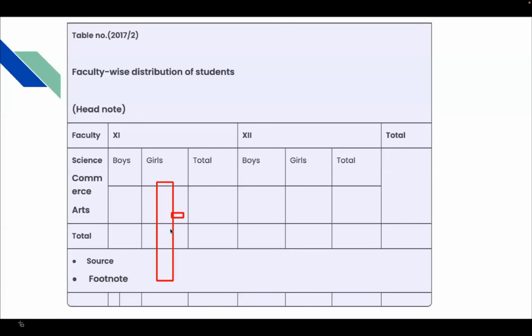Okay, so I don't know how to take away this rectangle, so we just have to continue.